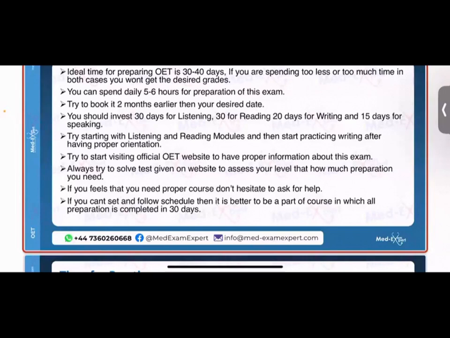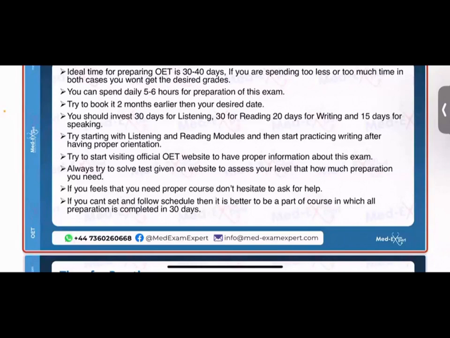If you start solving these tests, the answer key is available on the website as well, and you can calculate your score. Then you can assess which level you are standing at and how much preparation you need to ace this exam.